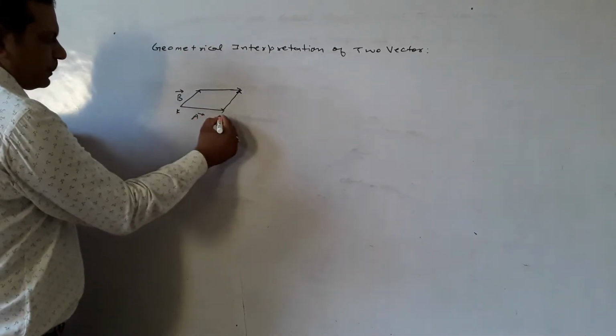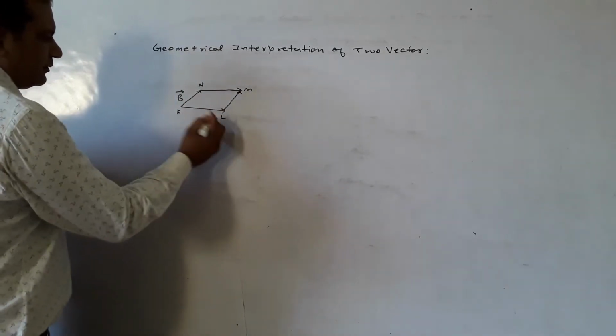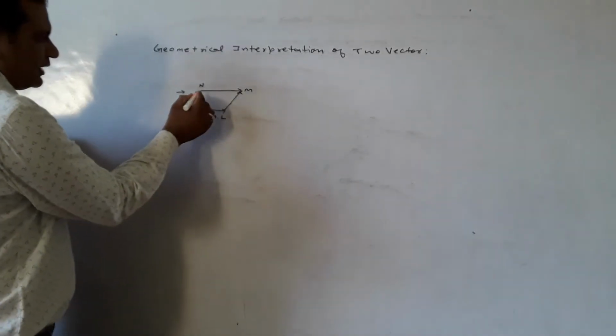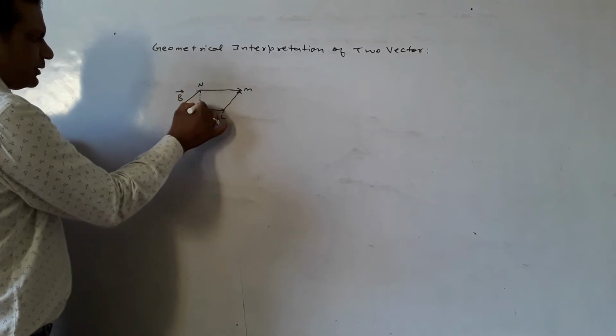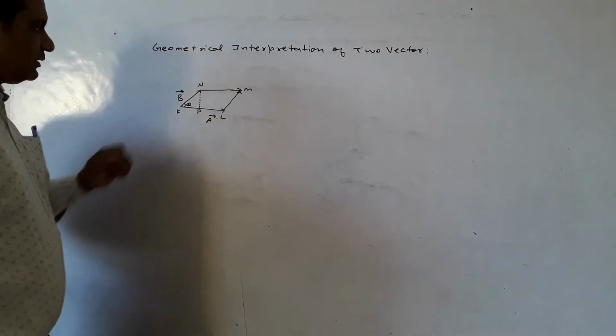This is K, L, M and N. Now from the point N, draw the perpendicular. This is P.